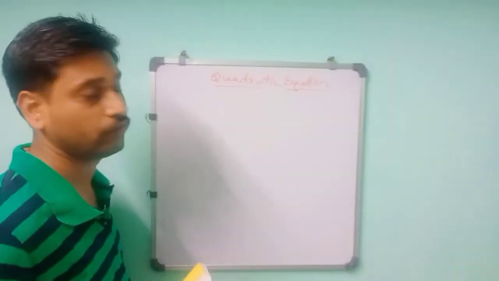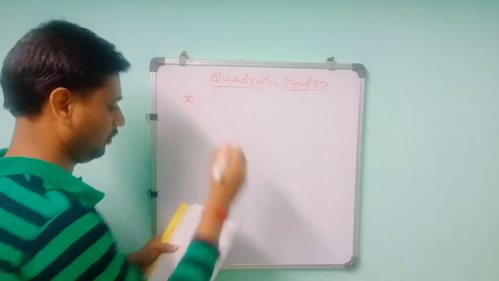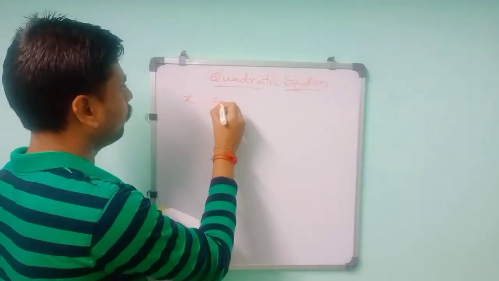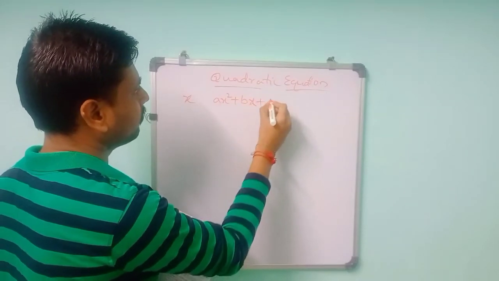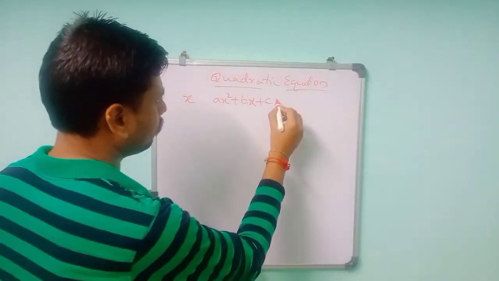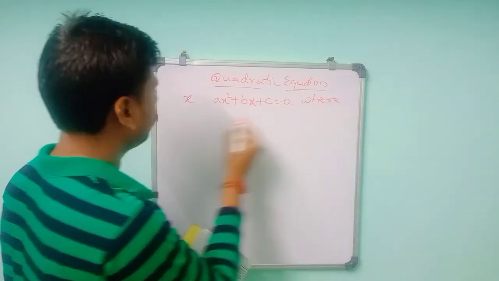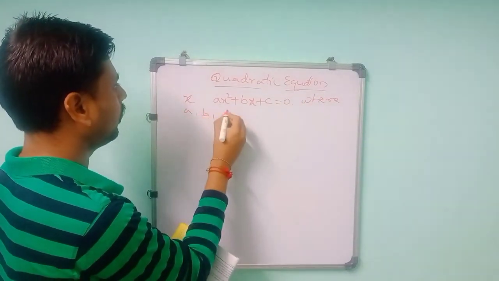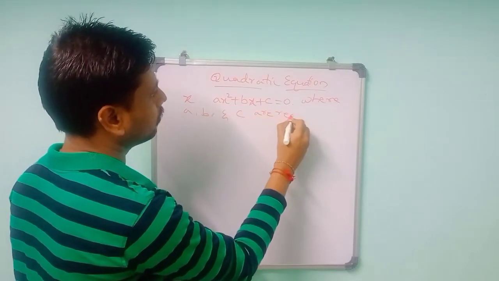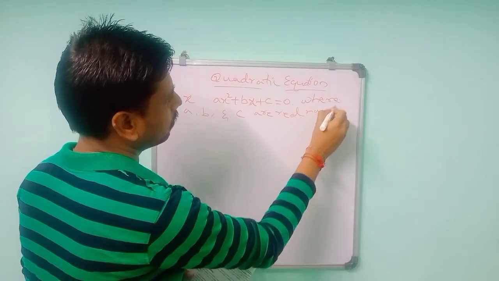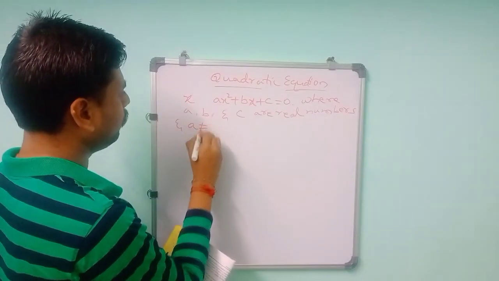What do you mean by quadratic equation? A quadratic equation in the variable x is an equation of the form ax square plus bx plus c is equal to 0, where a, b and c are real numbers, and a is not equal to 0.